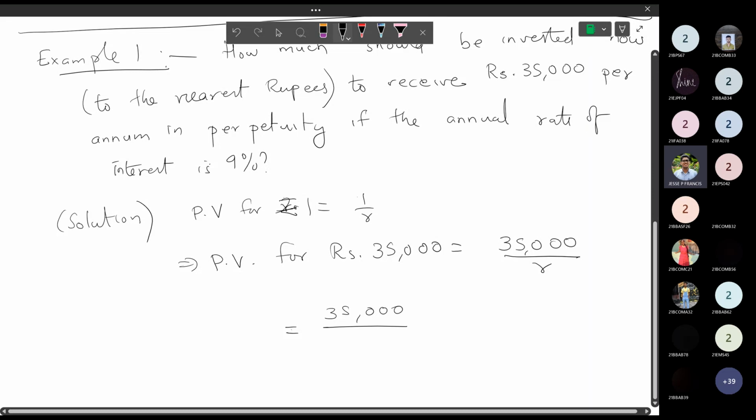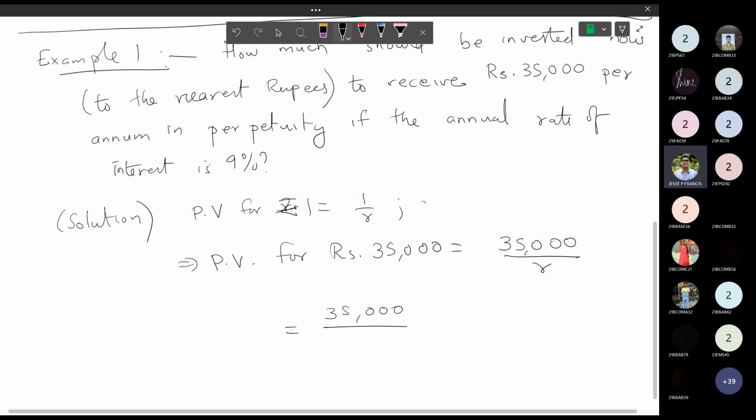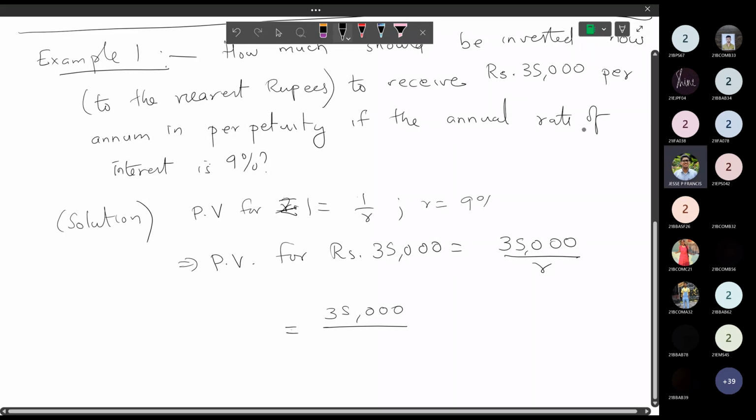Let me put R is equal to 9% on top, and 9% becomes 0.09, which is equal to, can you calculate and tell me the value?